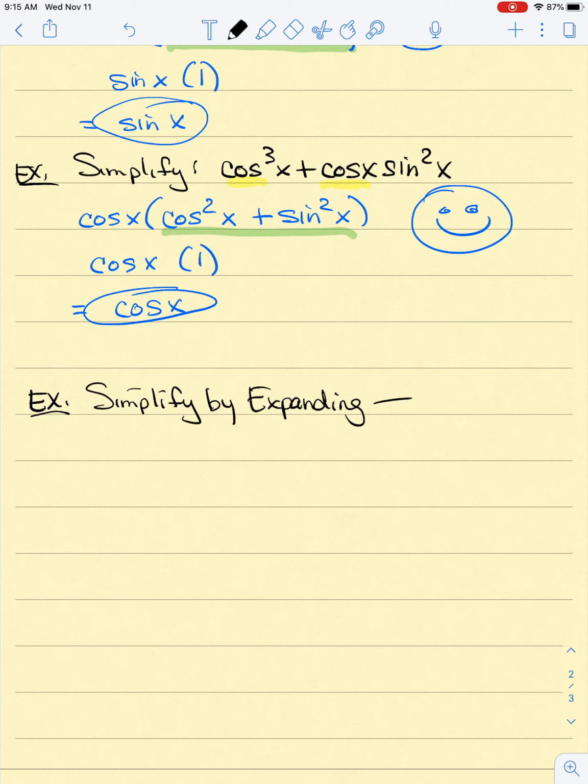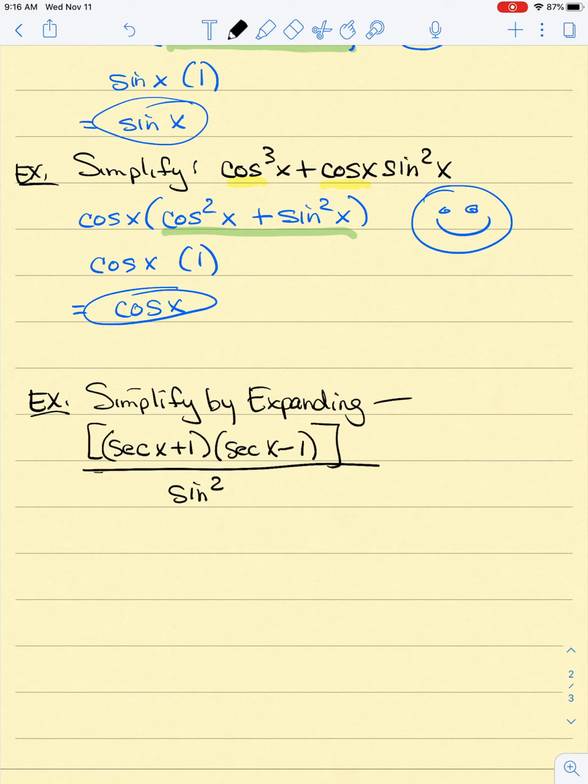So here's what we're going to start with: secant x plus 1 times secant x minus 1, all over sine squared x.